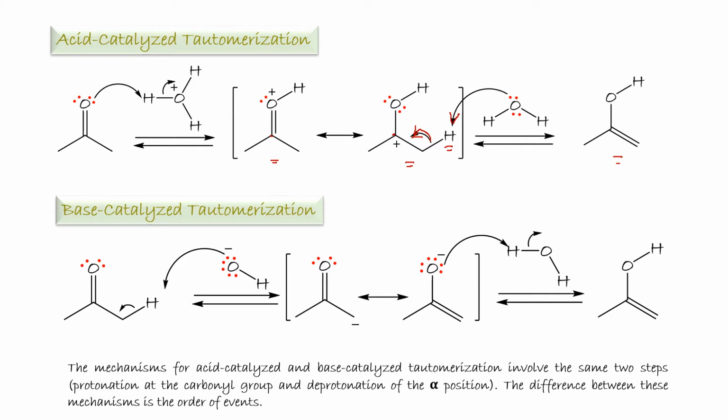In the basic media, base-catalyzed tautomerization, the base will abstract this alpha proton, forming an anion. This anion is again in resonance with this species. Oxygen has a negative charge.